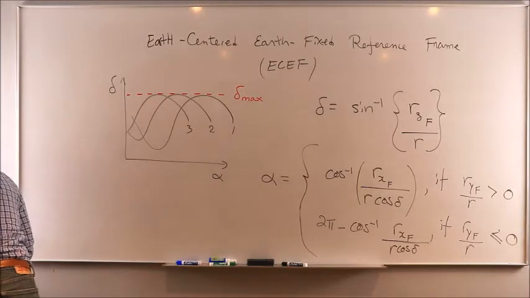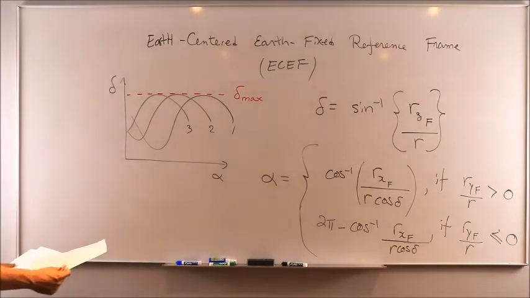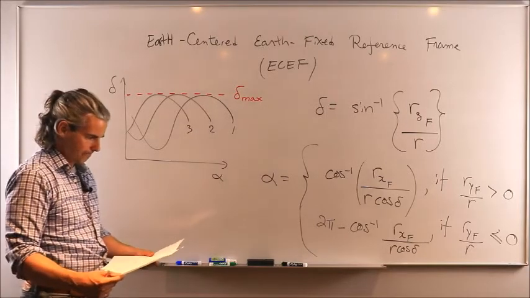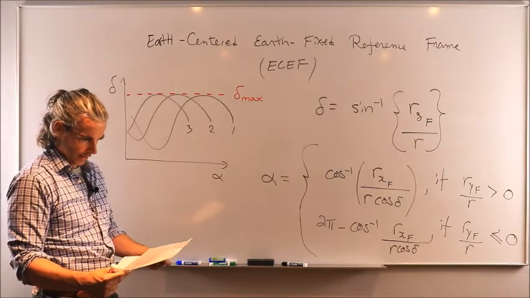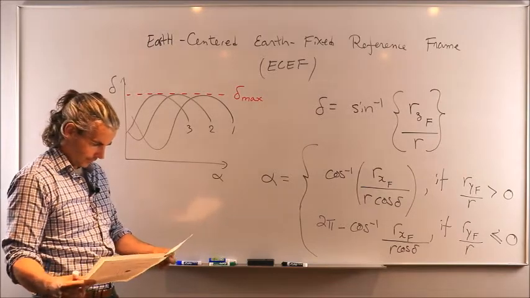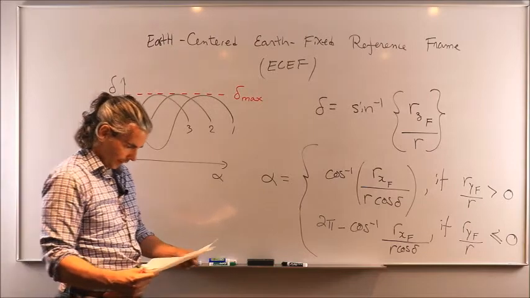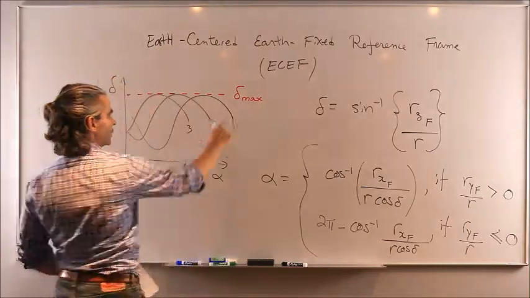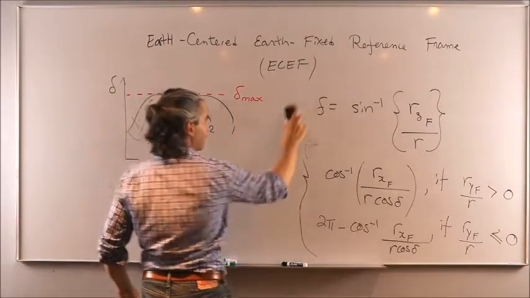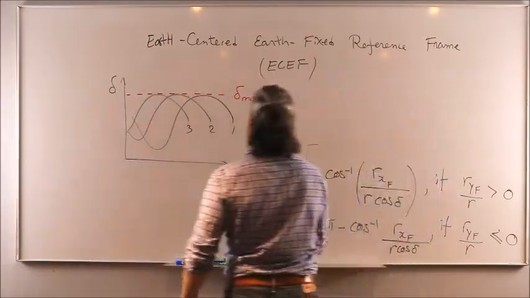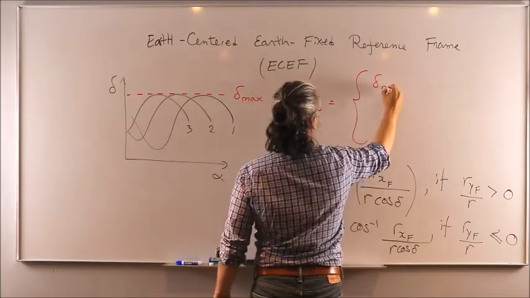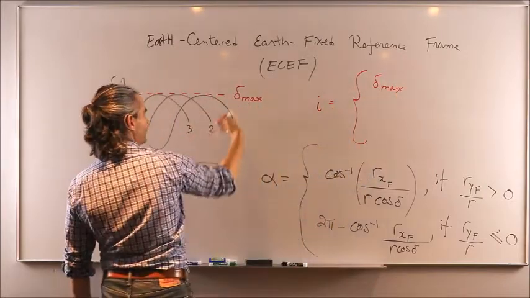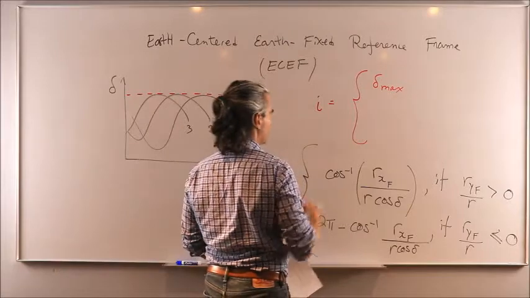It's in the lecture notes, on page 61. So this is directly the inclination of the orbit, so inclination of the orbit here equal to the maximum latitude we reach on the Mercator projection or on the ground track.